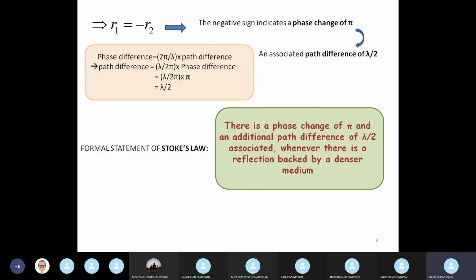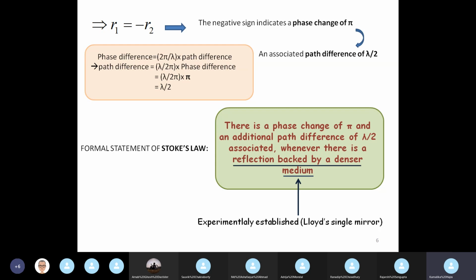So if you are asked to state Stoke's law, then you don't have to go through this entire exercise that I just presented before you. You have to just say that Stoke's law states there is a phase change of pi and an additional path difference of lambda by 2 associated whenever there is a reflection backed by a denser medium.